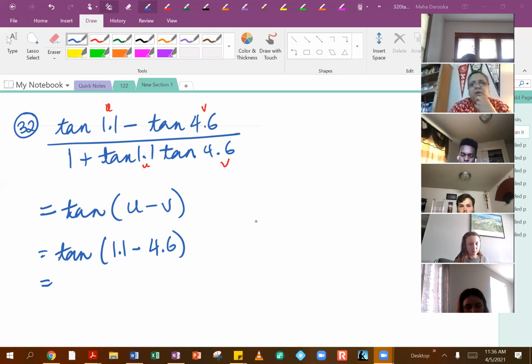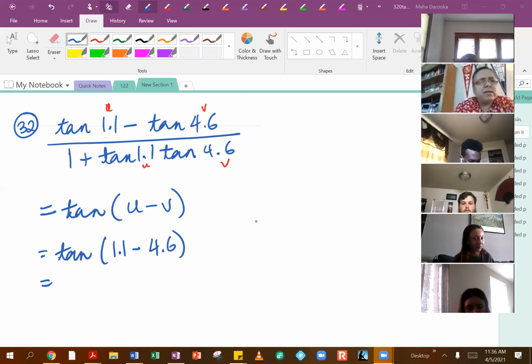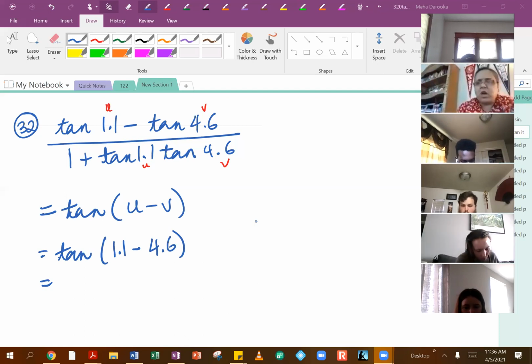What's 1.1 minus 4.6? Scotty, I'm not sure why you got negative 0.3746. Because you're literally just doing 1.1 minus 4.6. We're not figuring out the function value. So you don't have to do tangent of 1.1 minus, just the 1.1 minus 4.6.